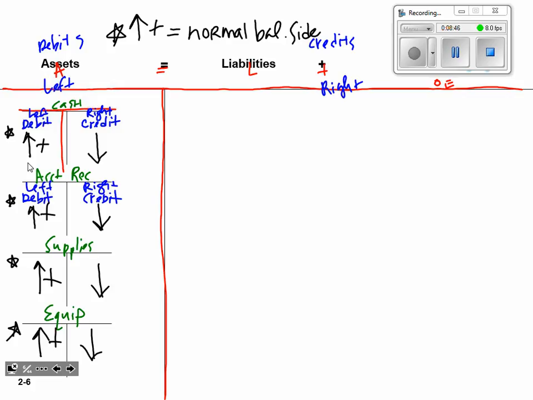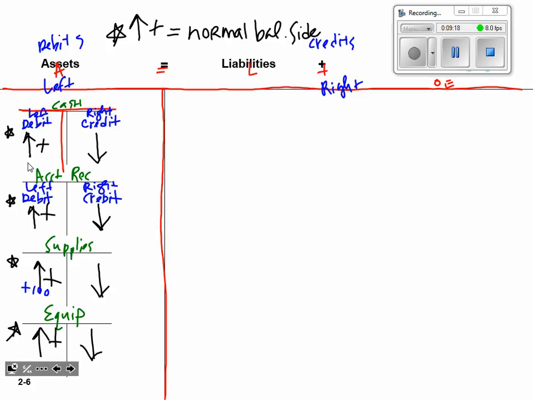So am I going to put 100 on the debit or the credit side if I gained supplies? It's a debit to supplies for $100 because an asset increasing is a debit. How do I know that? Anytime I'm on the left side of the big T, I'm putting a left side in the mini T, and we know that that's where the normal balance is because it's all left or debit.